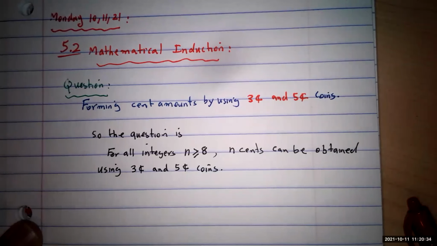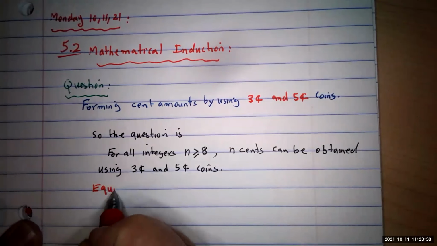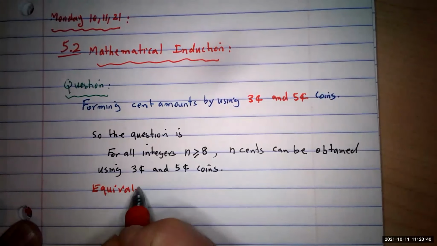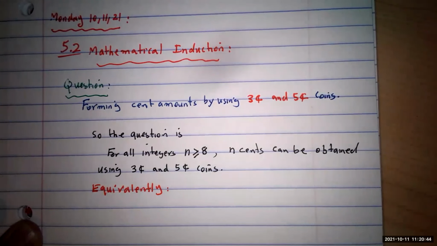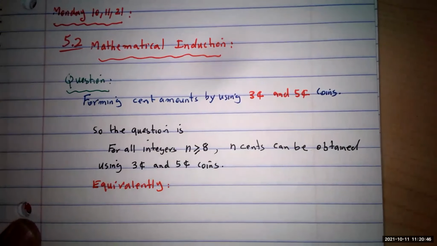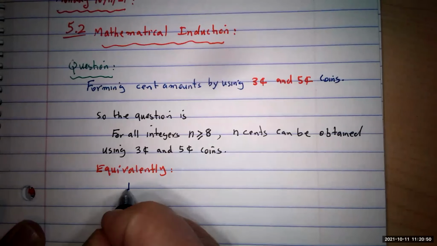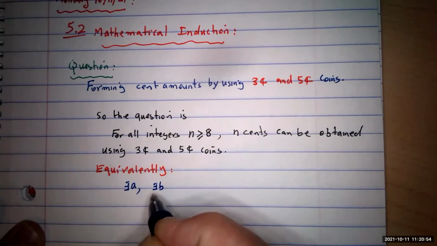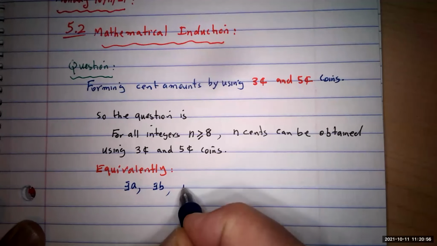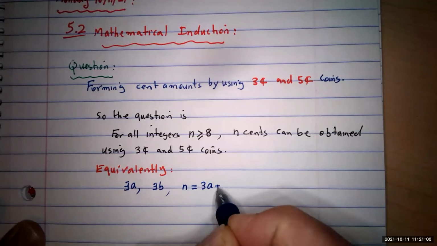So now the question is better. What does it mean again algebraically? Equivalently, this means n is going to be a combination of multiples of 3 and 5. So this means I can prove that there is an A and a B such that n is equal to 3A plus 5B.